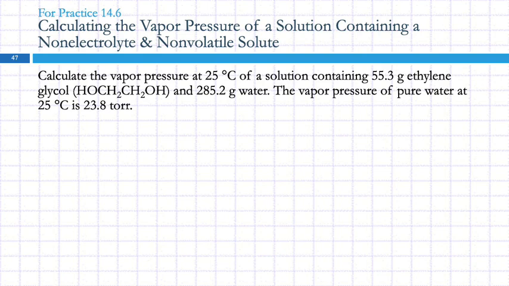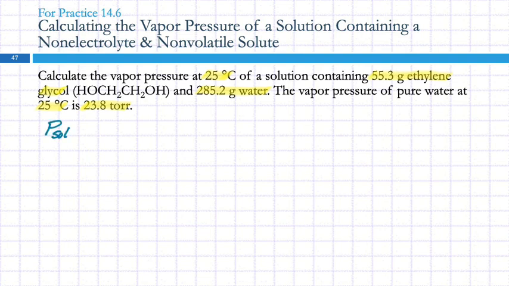Calculate the vapor pressure at 25 degrees C of a solution containing 55.3 grams ethylene glycol and 285.2 grams of water. The vapor pressure of pure water at 25 degrees C is 23.8 torr. So we're going to use that equation that we just learned about, Raoult's law.